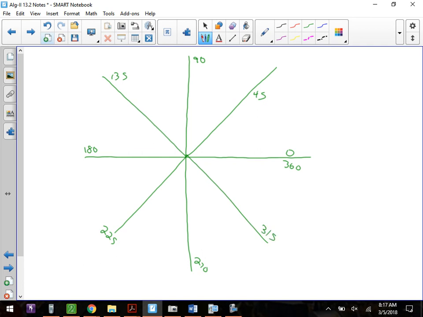That little trick of adding 180 only works with the 45s. Because they're always the same amount off the x-axis. They're always 45 degrees off. So they work out that way. Now, if we know that this is 0 and this is 2 pi, what's half of 2? What's half of that?